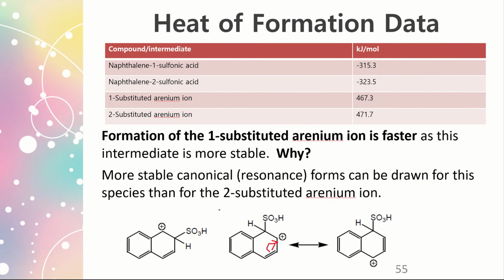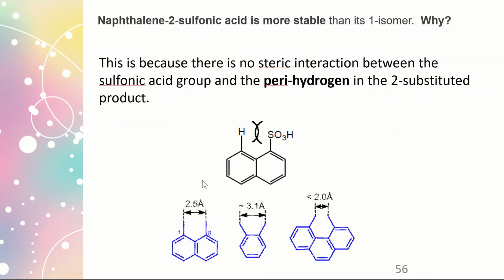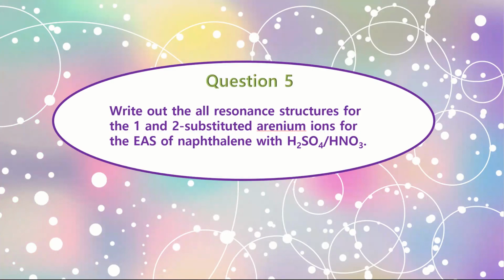And then for the final product, the 2-sulfonic acid is more stable than the 1 because we're looking at the steric interaction. So for the 2, where the sulfonic acid group is here, there's no steric interaction between the sulfonic acid group and the peri-hydrogen, which is here. All right, so hope that is clear.